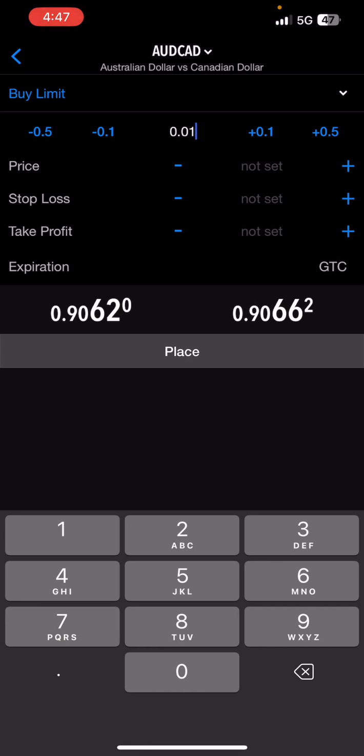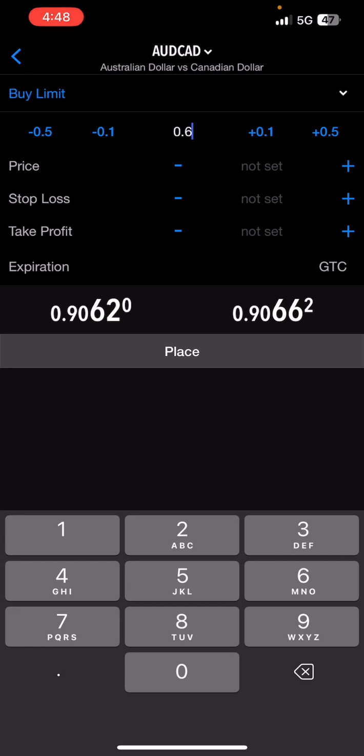And then when you have $200, your lot size should be 0.02. When you have $300, your lot size should be 0.03. When you have $500, your lot size should be 0.05. When you have $5,000 in your account, your lot size increases to 0.5. When you have $6,000, your lot size increases to 0.6.